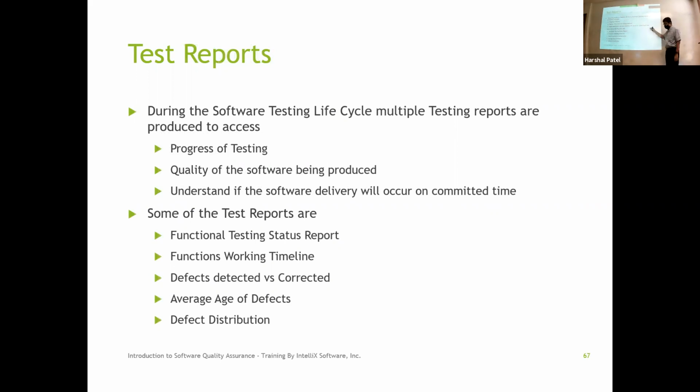Now, one of the things we mentioned: if it's going to take us 6 months, you want to report your progress. That means you're going to generate some reports, and you can generate a whole bunch of reports. If you have the execution time, you can generate a report on how well the testing is progressing, and it helps the project managers understand whether we are going to meet the deadline or not.